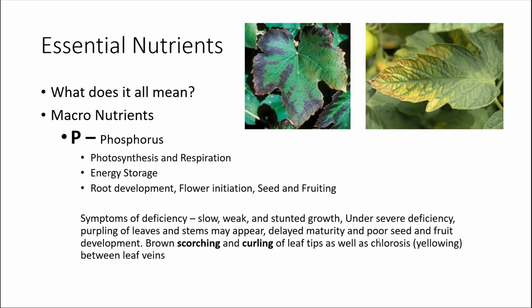Chlorosis is yellowing of leaves, and the way that the leaves develop chlorosis can tell you something about what nutrient it may be lacking.